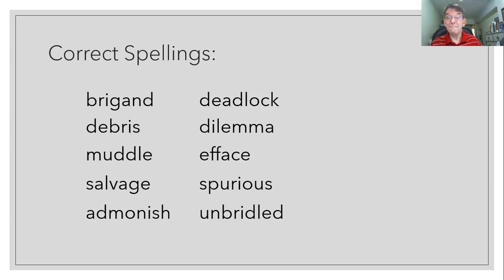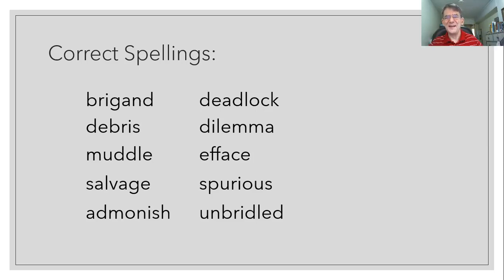Dolmad was Muddle. Caffey was Efface. Lagsy was Salvage. Soprius was Spurious. Ishmandam was Admonish. And Underlived was Unbridled.